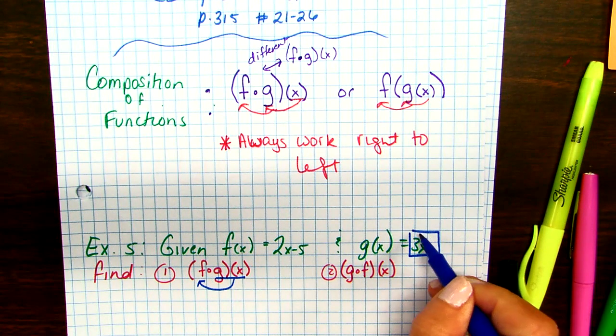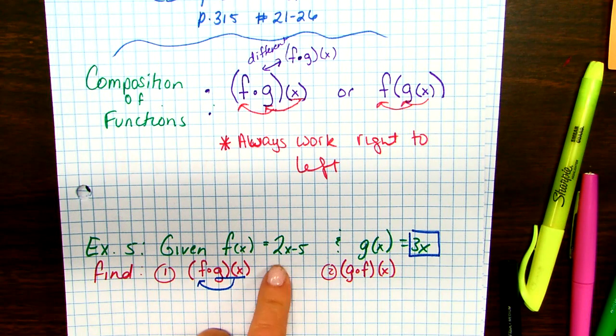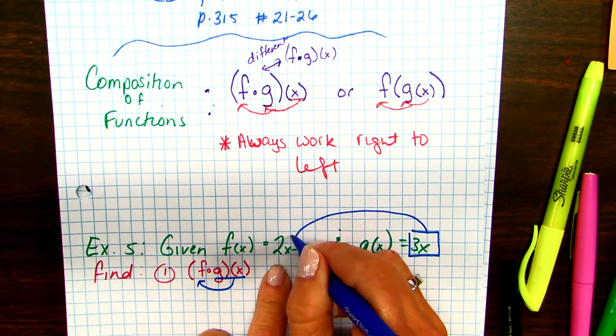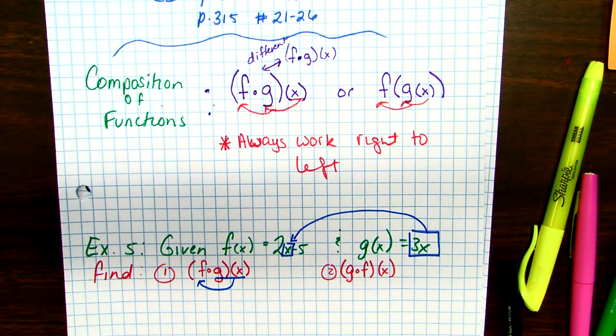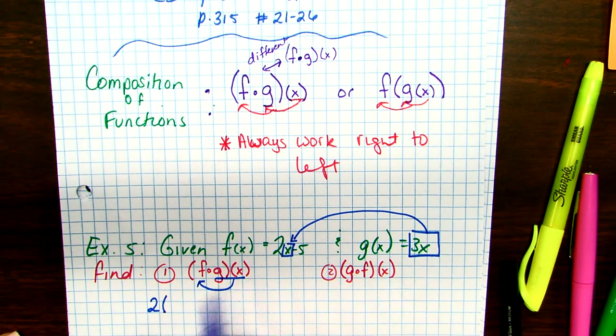I'm going to plug it into the f function. Where do you think you plug something in this equation? X. There's only one place to put it. I'm going to take this whole thing and put it in right there. So I will have 2, that's this 2, take out this x and plug in g of x.